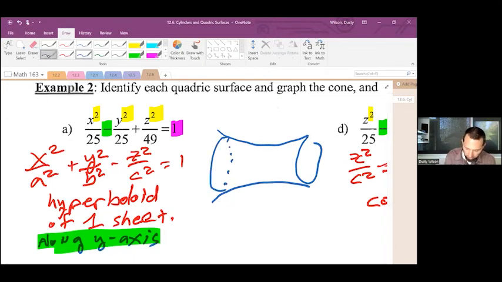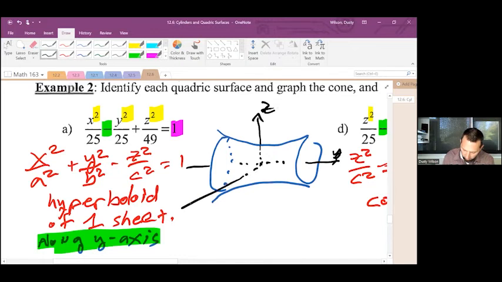Okay. And then we can add our axes in place. Here's our y, our z, and our x.